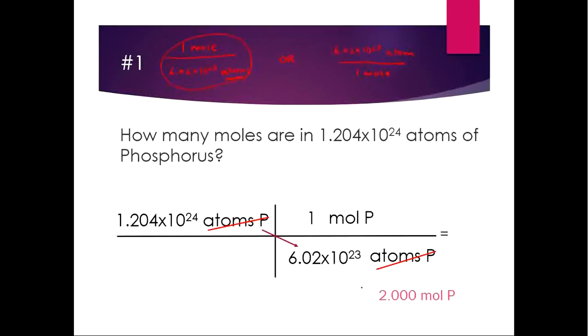Now, if you did not get the answer 2.000, again, make sure in your calculator you are using parentheses around your scientific notation number, and that should help you with that. Okay, so try it again. If you did not get 2.000, use parentheses and calculate your answer again.